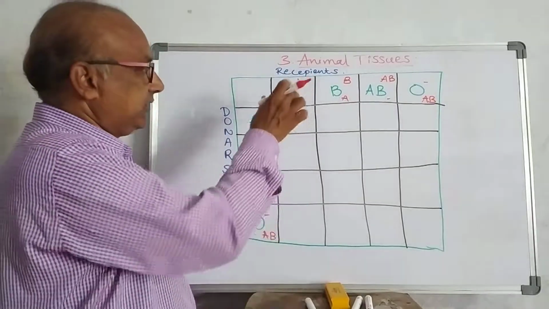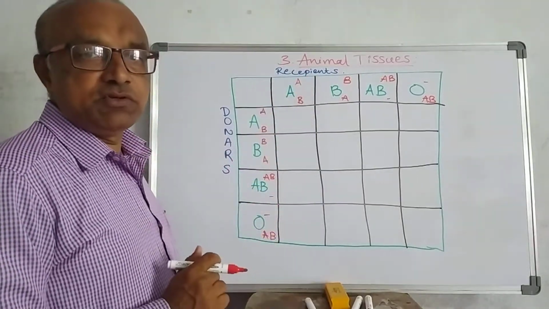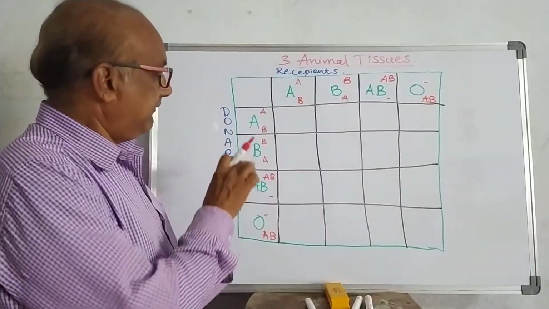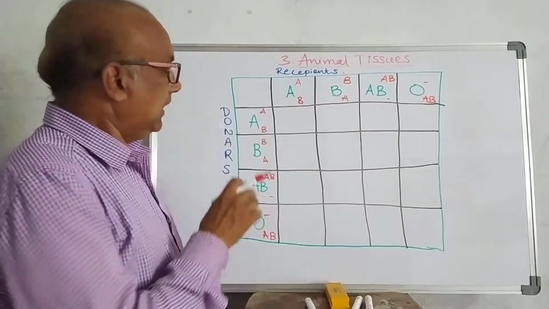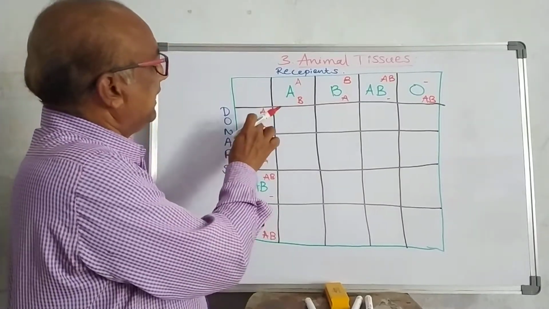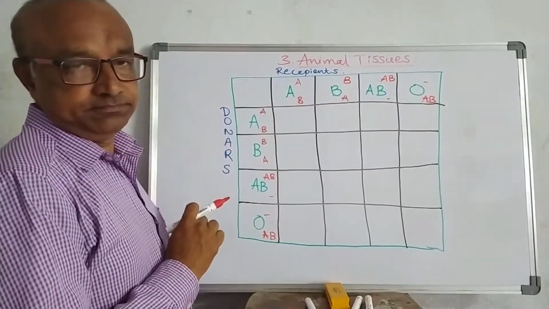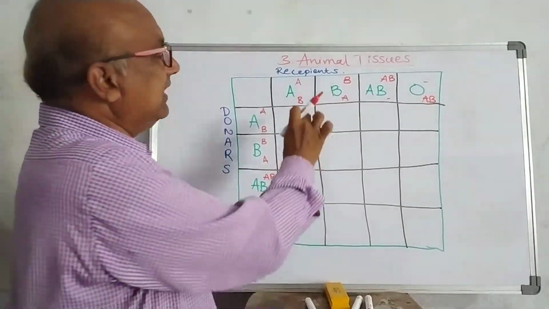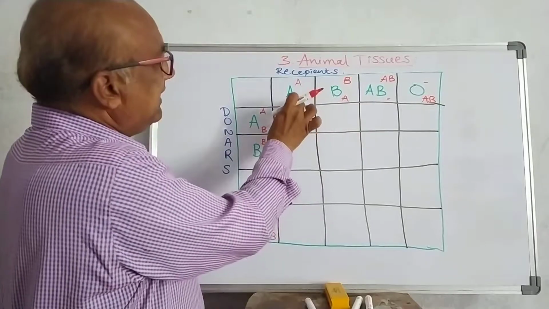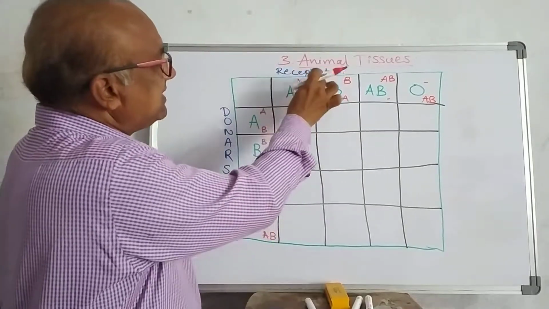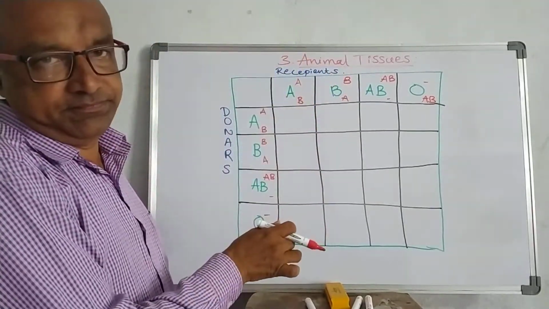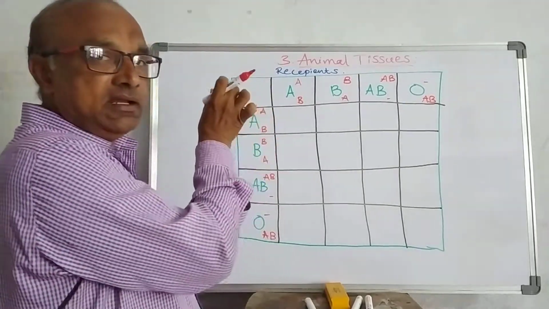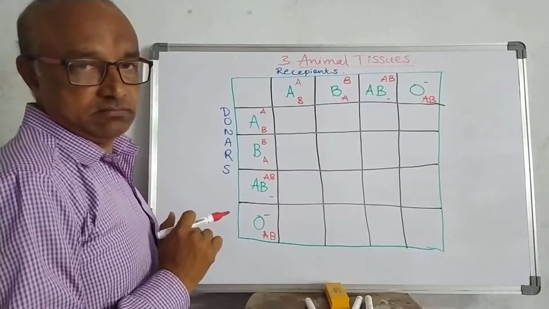Okay. So here there are 2 conditions we should follow. In the donors, we should see only the antigens. In the recipients, we should see only antibodies, because the antibodies present in the recipients fight with the corresponding antigen from the donor.